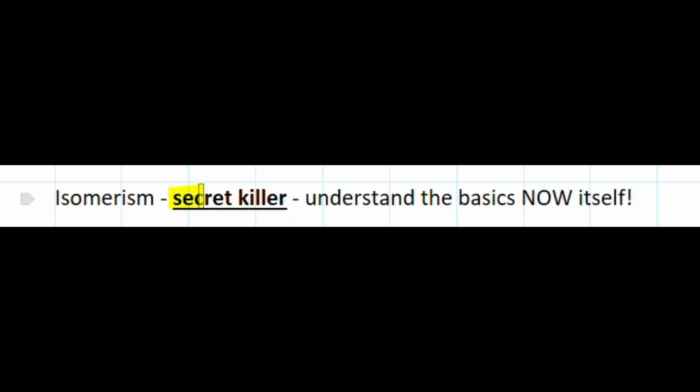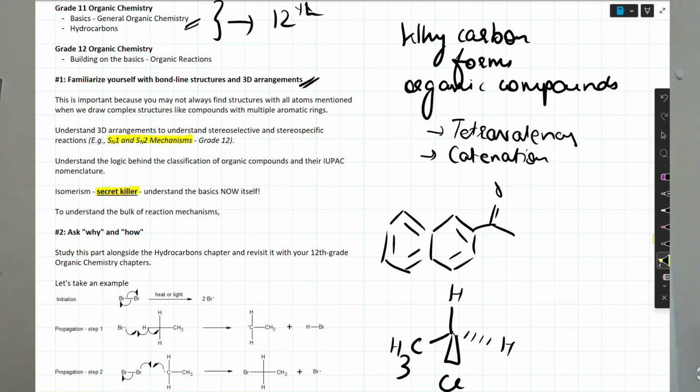Then we move on into classification in the nomenclature. When you understand the logic behind those classifications, you'll be able to go through it much better. Isomerism. I have labeled it as the secret killer. There's a reason for it. When you don't understand how isomerism works, it creates troubles. In what sense?